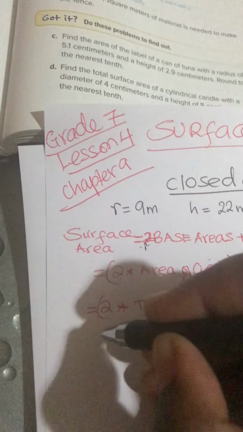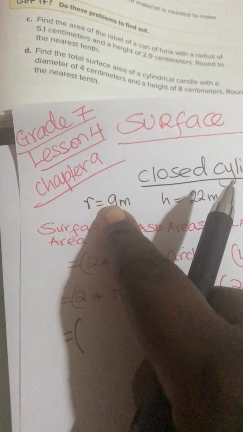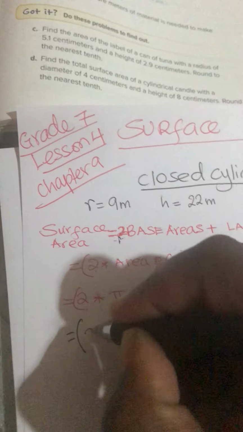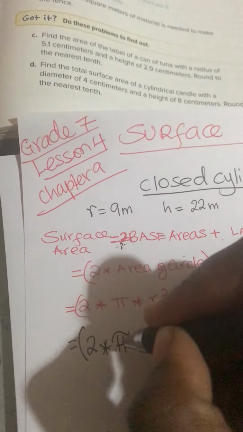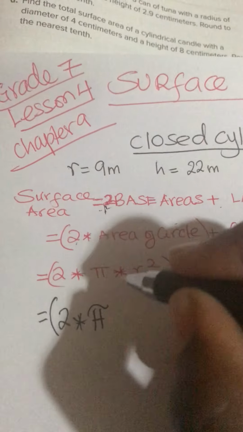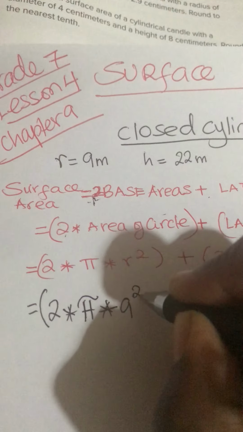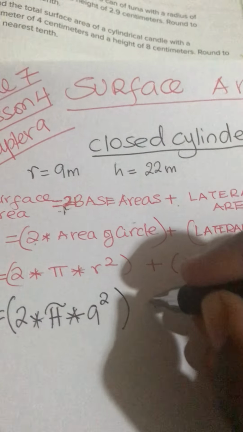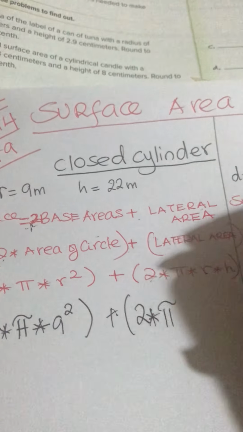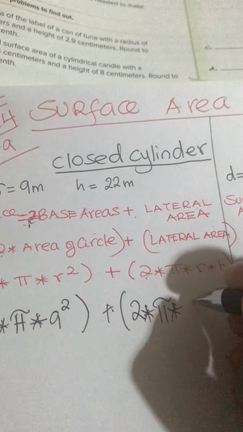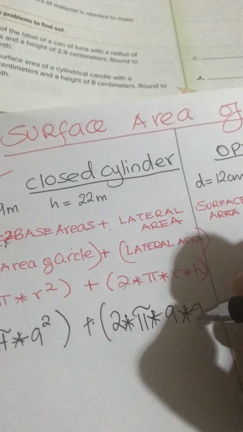Okay, so let's put our numbers. They told us the radius is 9. So 2 times pi times 9 squared plus 2 times pi times 9 times 22.